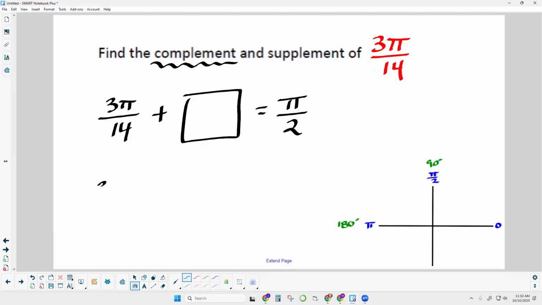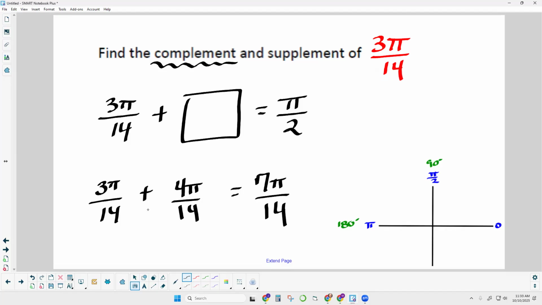So if I were to rewrite pi over 2 as a 14th, that would just be 7 pi over 14. And now I can simply see that by adding 4 pi over 14 to 3 pi over 14, I will get 7 pi over 14, which is pi over 2 radians.